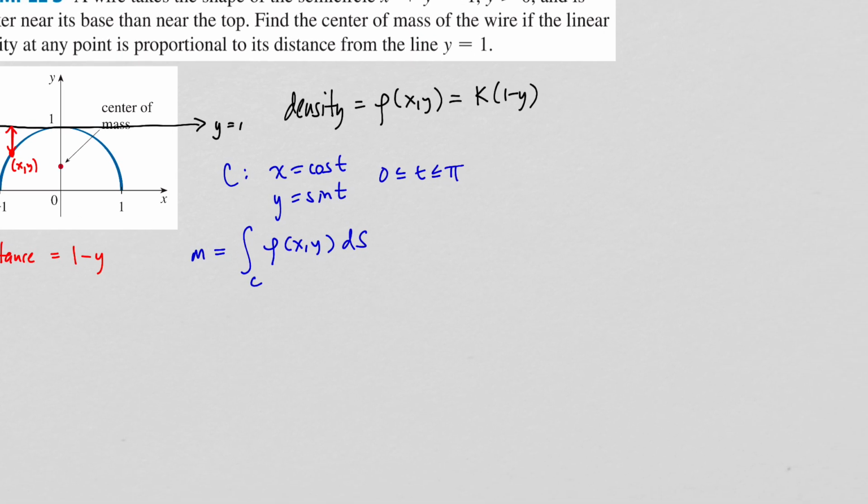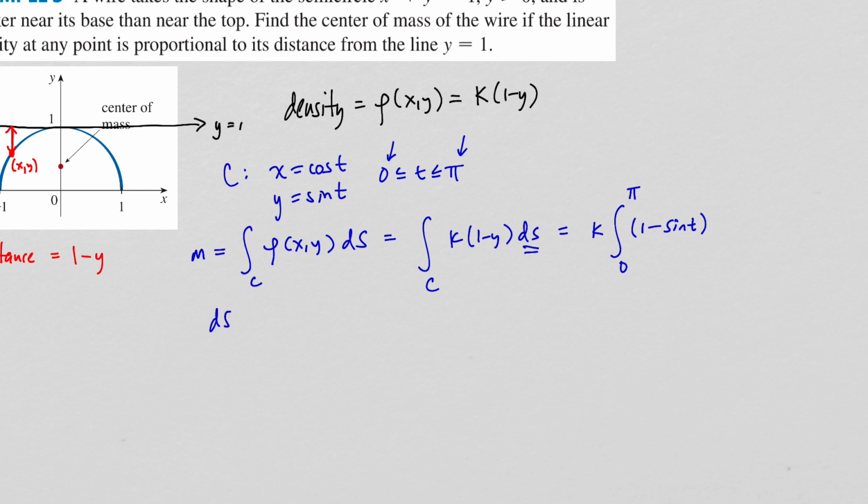This is simply going to be the integral of the function rho, which is k times 1 minus y, times ds along the curve. This will be k multiplied by the integral from 0 to pi. So now I'm just plugging in my limits here. And then we're going to have 1 minus y, but y is sine of t. And then we have to multiply by ds.